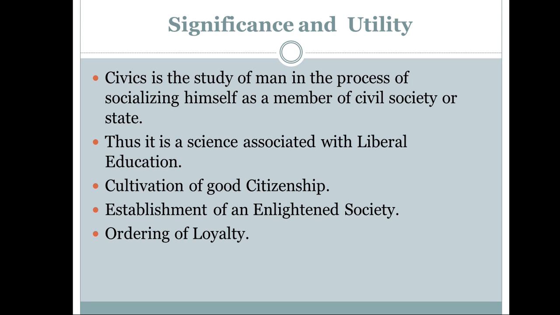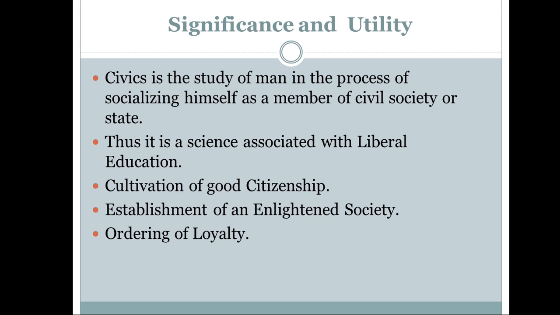That is ordering of loyalty. Society is a network of diverse and varied human interactions. Different kinds of people interact with each other. A citizen is not only the member of the state. There are a number of other associations like the family. आपकी पहली association, your pressure groups like in your college when you are studying or you are in teenage, you have these peer groups जो आपके प्रेशर ग्रुप्स बनते हैं, जिनके मुताबिक भी आप अपनी लाइफ को लेके चलते हैं.